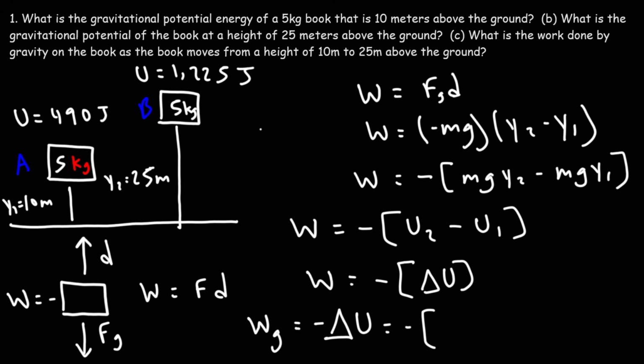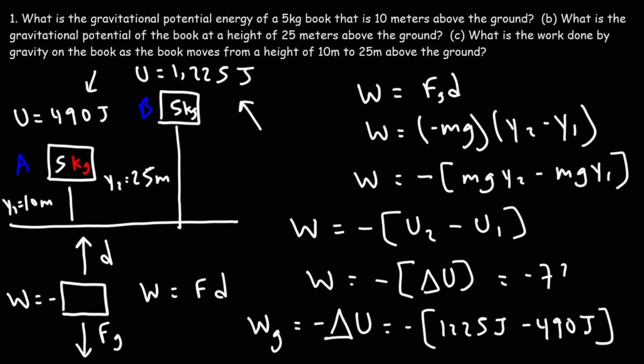So the final gravitational potential energy was 1225 joules. The initial amount is 490. So subtracting those two numbers, that is going to give us negative 735 joules.